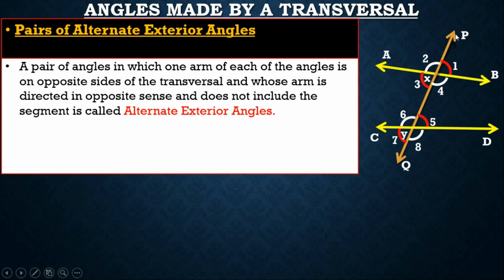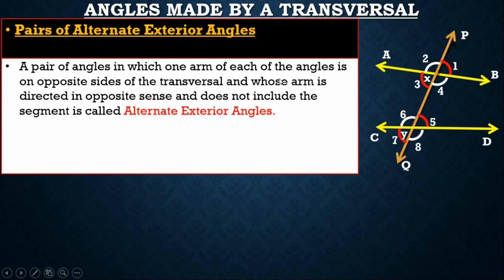In angle PXA and angle QYD, arm AX and arm YD are on the opposite side of the transversal S. So the first condition is satisfied: one of the arms should be on the opposite side of the transversal.